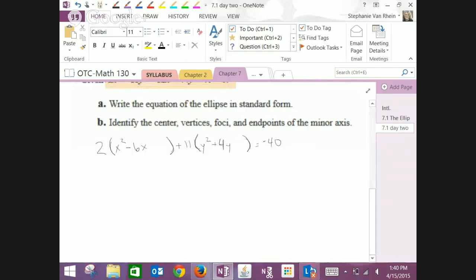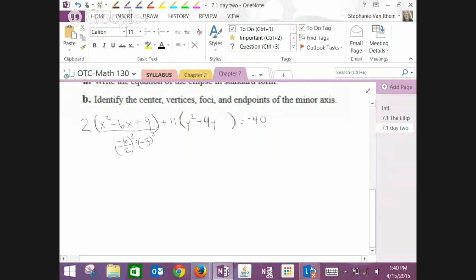So what do I need to add in to this group to make it a perfect square? Minus 6 over 2 quantity squared, which is minus 3 quantity squared. So I add 9 in here. When I do that on the left-hand side, I'm really adding 2 times 9, right?